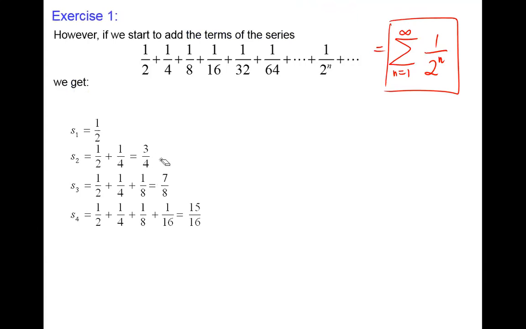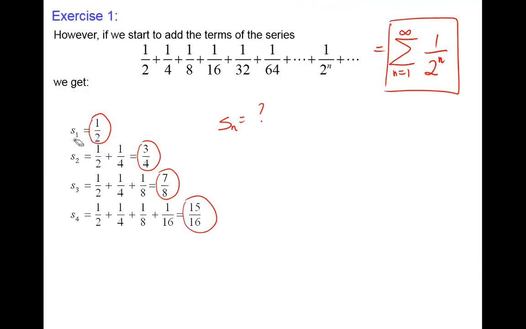And now, as mentioned before, you can see we created a new sequence: 1/2, 3/4, 7/8, 15/16. Do you possibly see a pattern, which means a formula for the sequence, which will be the formula for S sub n, the new sequence, which is the partial sum?